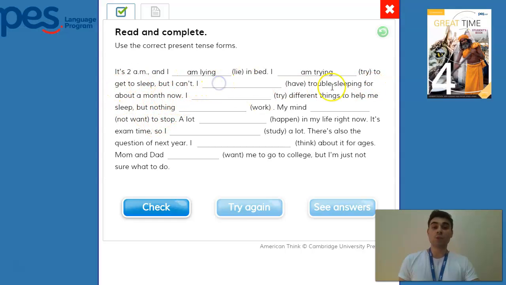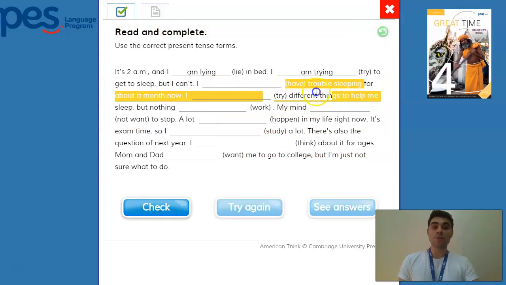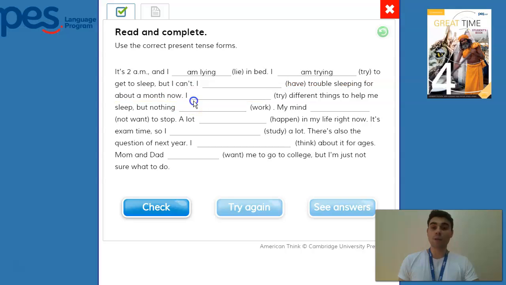So usually when we have this sentence, we usually have the present perfect. So I have had trouble sleeping for about a month now. Or even another possibility is I have been having, using the present perfect continuous.